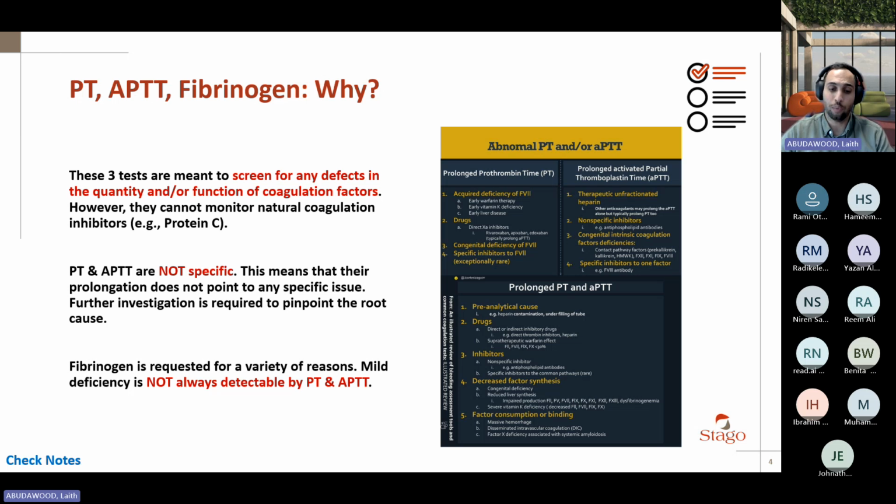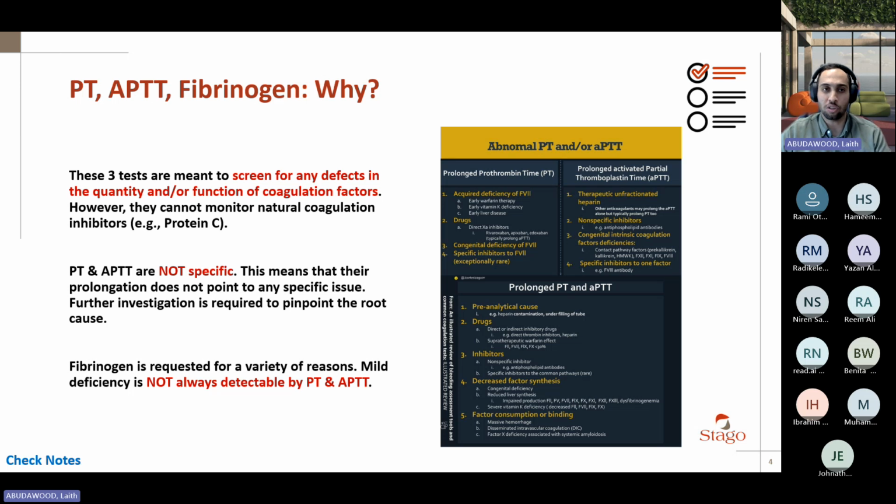Now, one very important note that some people might not realize is that for PT, PTT, fibrinogen, you might hear that there are inhibitors that cause a prolongation of PT, PTT, or might interfere with fibrinogen. But these inhibitors do not refer to your normal coagulation inhibitors, because for your body to function normally, you need coagulation inhibitors.